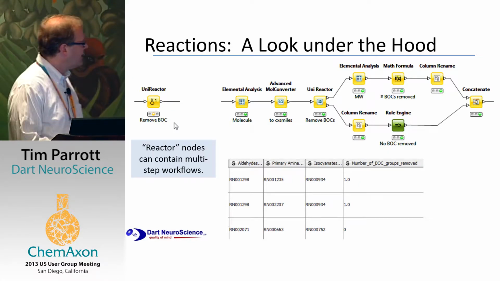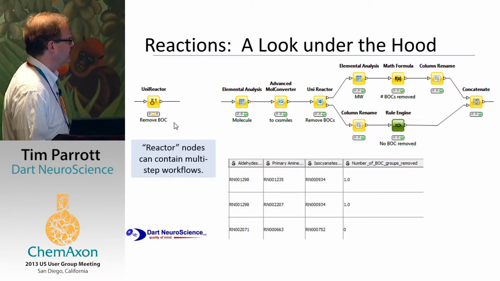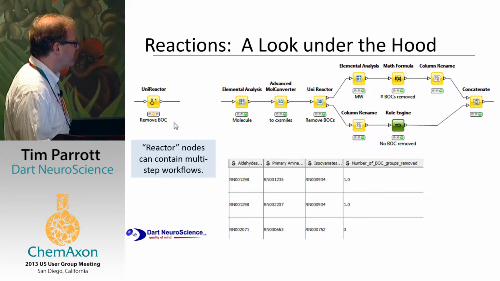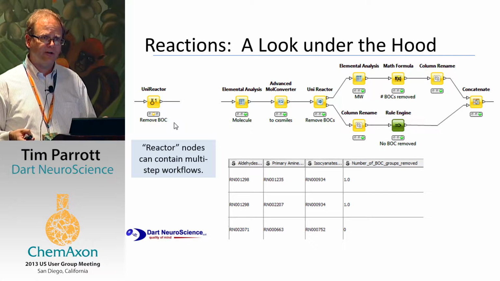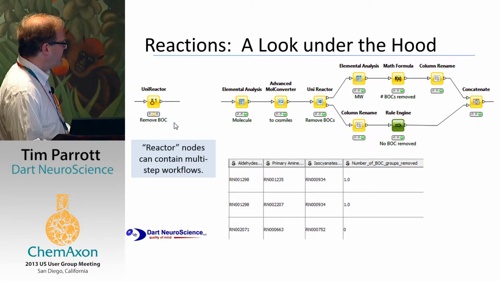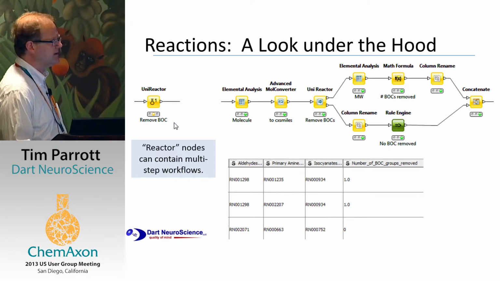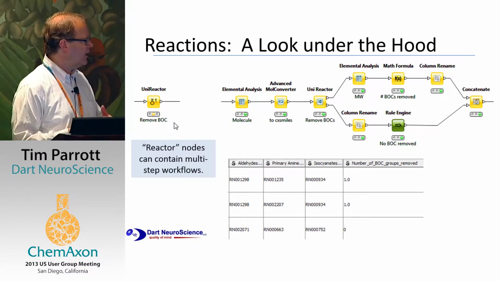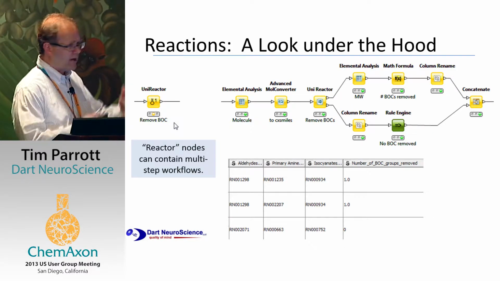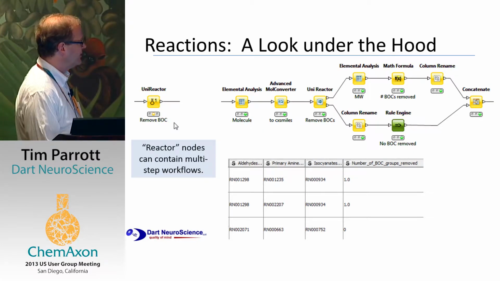As I mentioned, these nodes are not exactly the same as what you get out of the Infocom nodes. Some of our reactor nodes actually have small workflows underneath them. So in this particular example, it's a deprotection reaction, and what we found is that the people wanted to get everything that went through that out whether or not it reacted or not, all in the same product column, which normally wouldn't happen without a little manipulation.